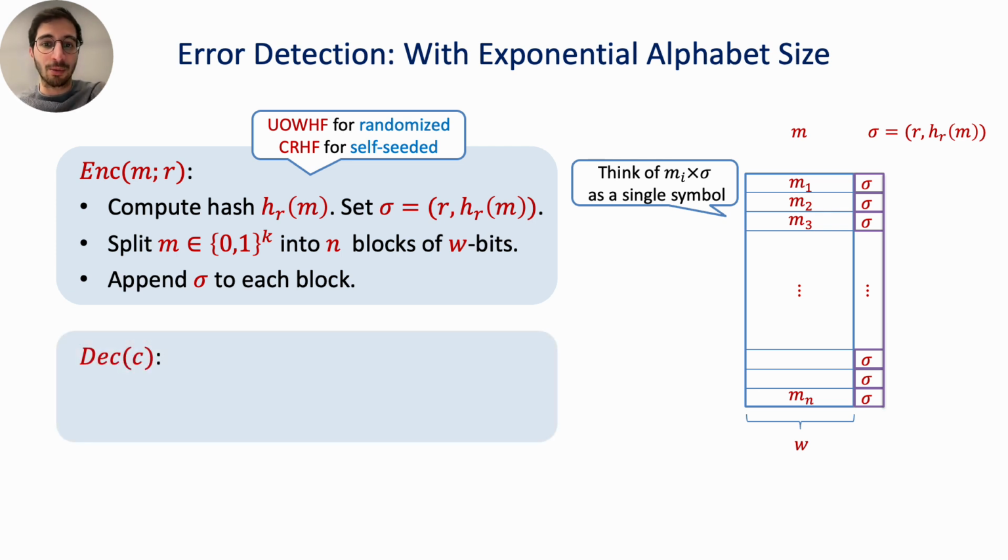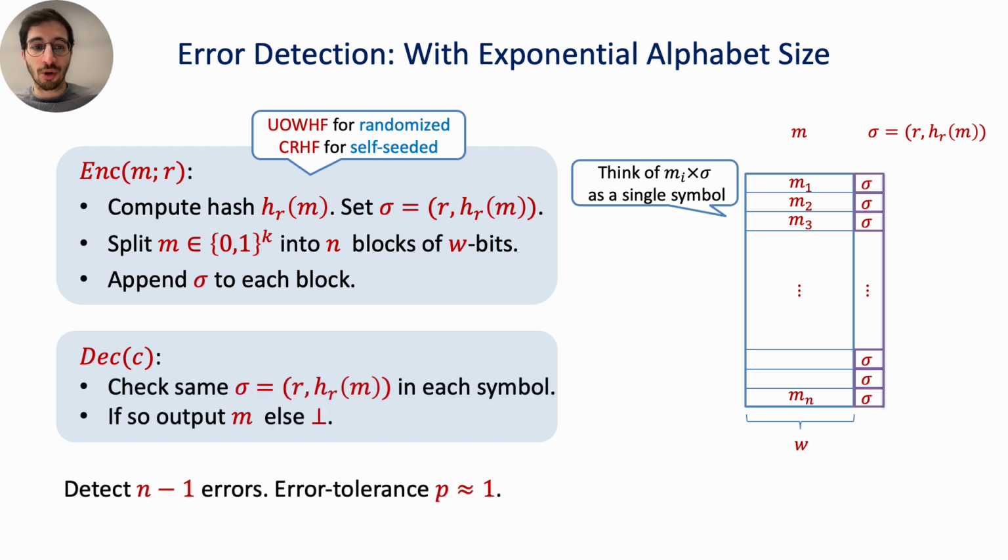This is the encoding, which gives you a quite simple, maybe trivial in some sense, code that gives you detection quite easily. And the detection here is very good, in the sense that you would have to change all the symbols. So you can detect n-1 errors, a tolerance of almost 1.